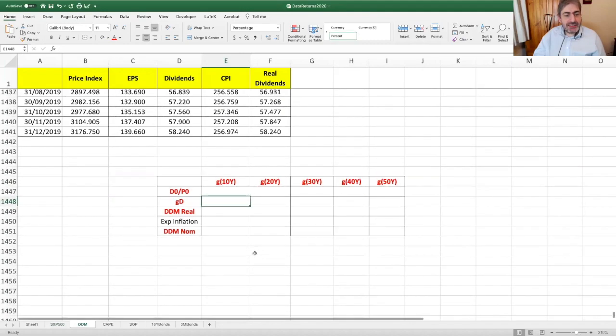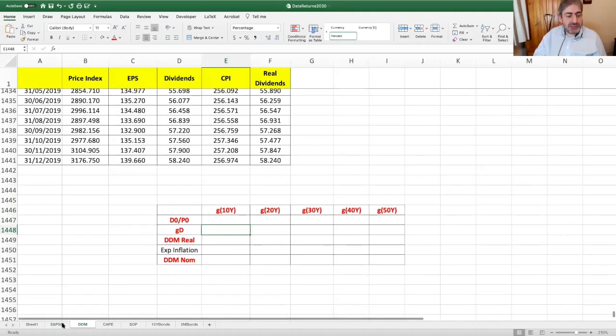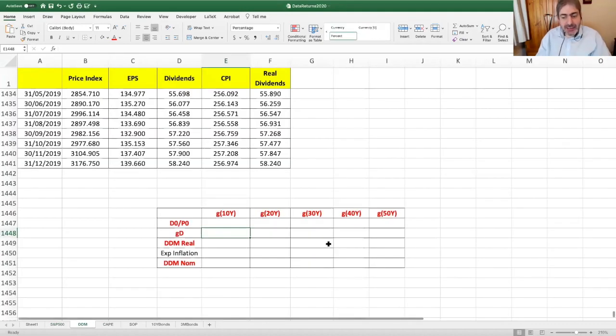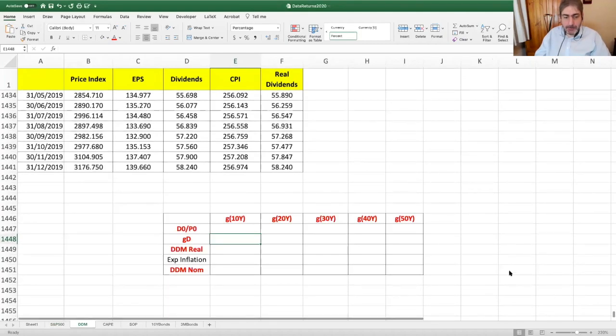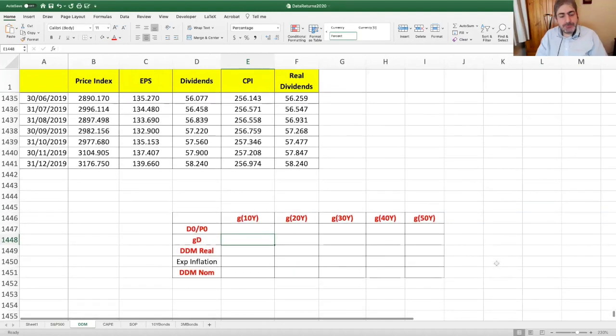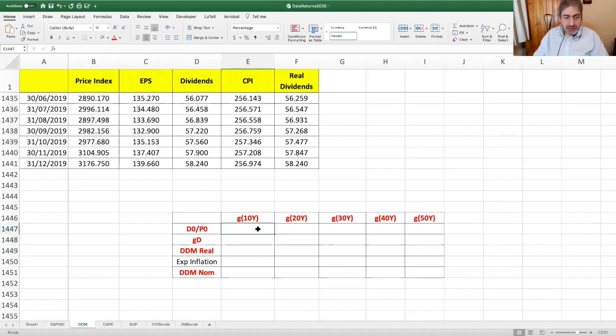So let's start. We move to DDM. So let's start calculating the DDM for the US stock market today. Okay. Now, the first thing that we need is the dividend yield. And the dividend yield is just the value of the dividend per share today divided by the price today.